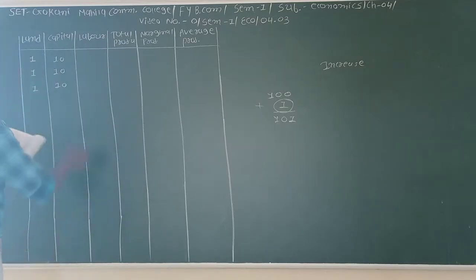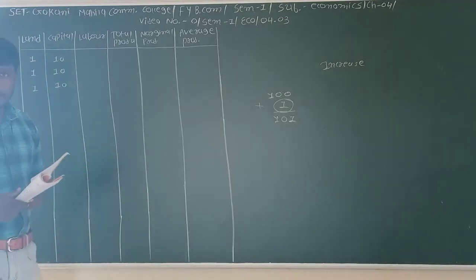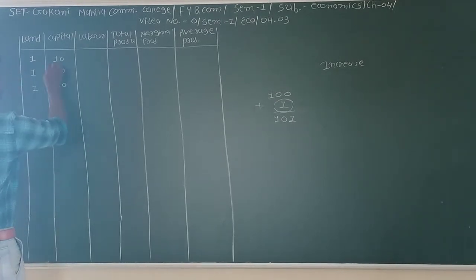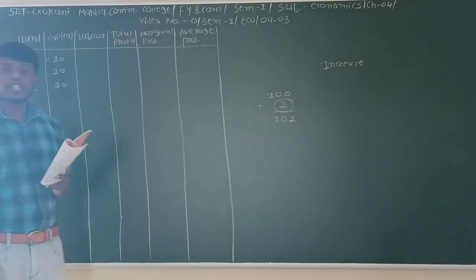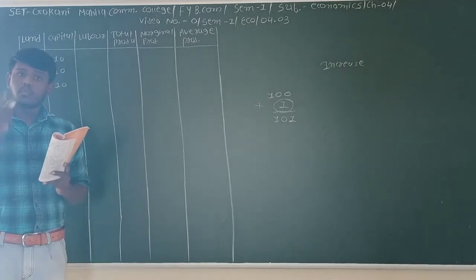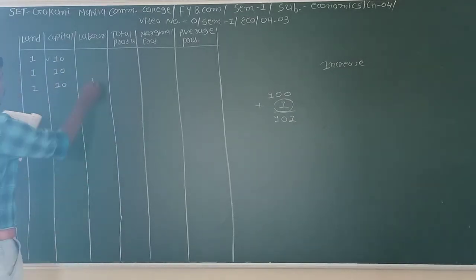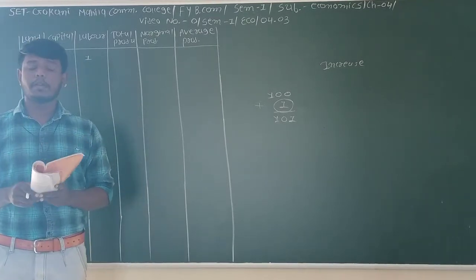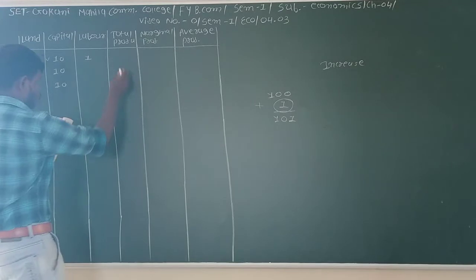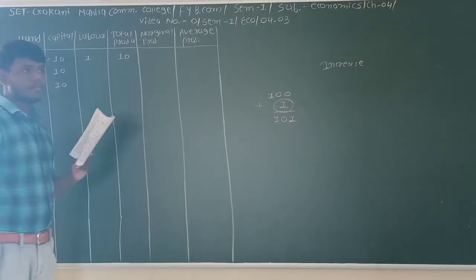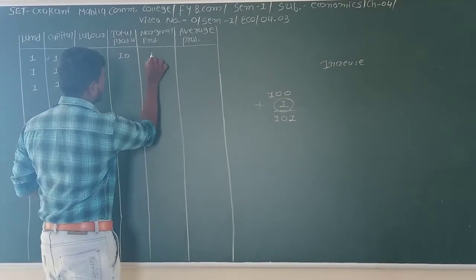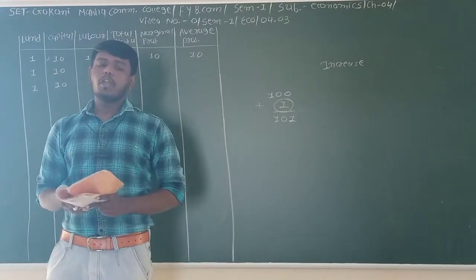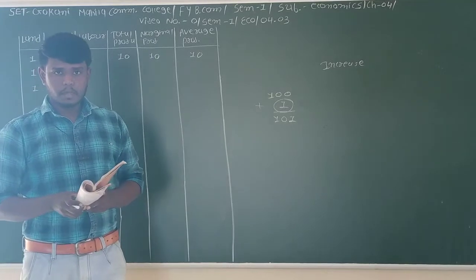For example, when you have 1 acre of land, on which you have employed 10 lakh rupees of capital, and you have one unit of labor, at that time your total production is 10, your marginal production is also 10, and your average production is also 10.